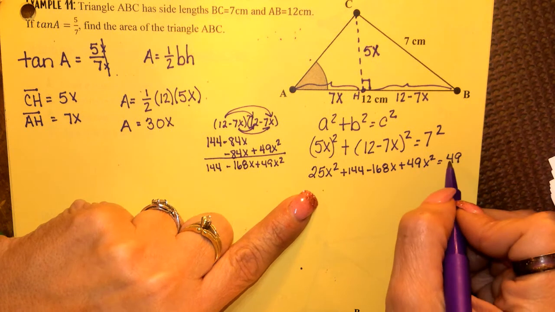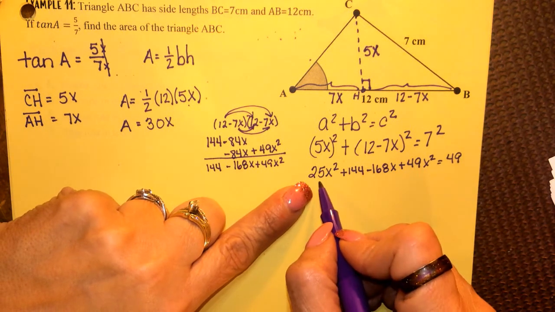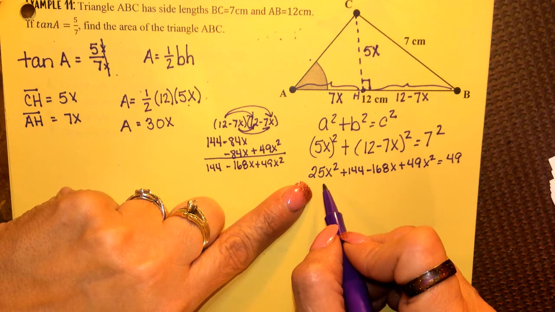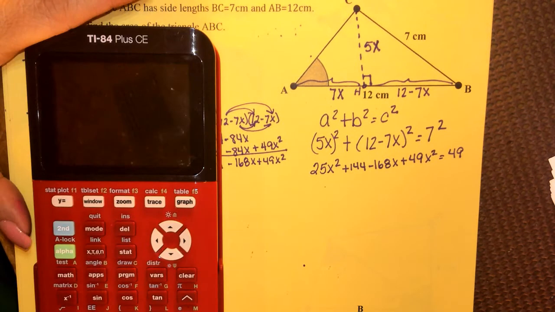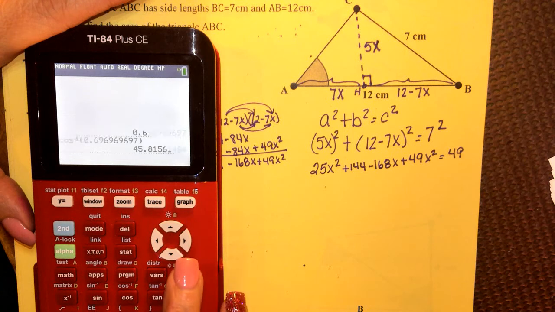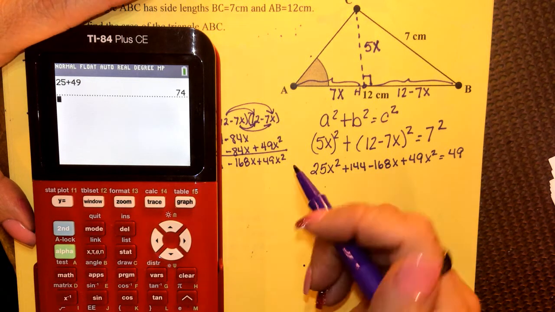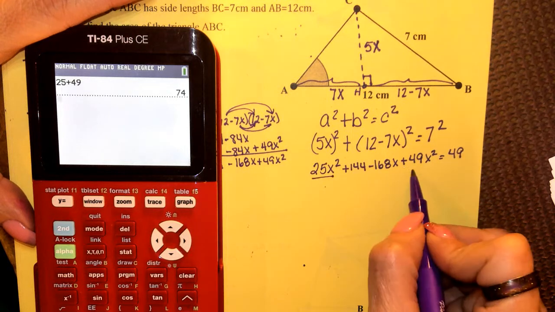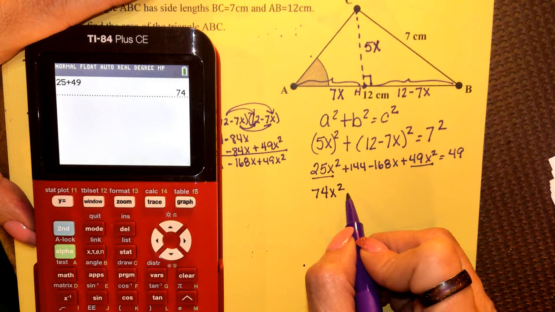All right, I need to have it equals 0 so I can do that polynomial solver. So I'm going to put 25x squared and 49x squared. I'm going to get my calculator to make sure I don't mess that up. Okay, 25 plus 49 is 74. That's this right here and this right here. 74x squared.